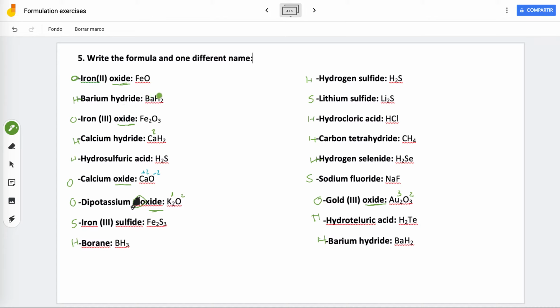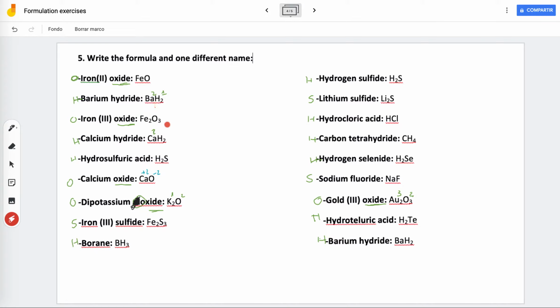Okay, barium. We need to remember the oxidation numbers of some of the elements. Barium is in the second column, so it's 2. Okay, it is alkaline earth. So we swift. We don't write here the 1. We don't need them.